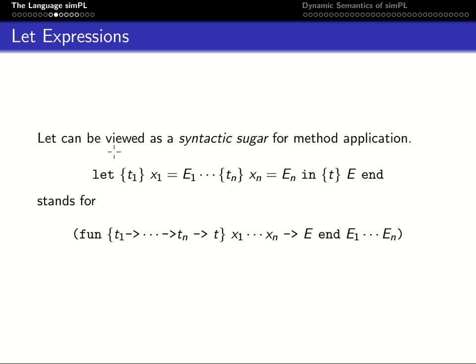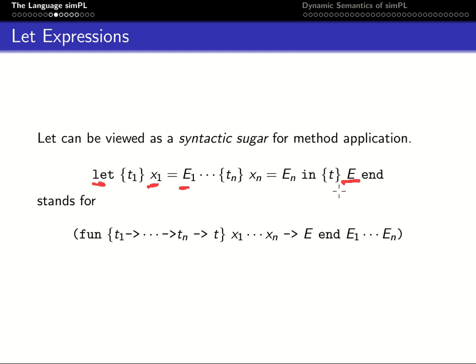So this let construct says: let x1 have the value e1, and we're going to have several such values being defined, x1 up to xn, in some expression. This allows coders to make the code a lot more readable. Instead of using x1 or x and y, you use meaningful names for these variables, and that documents the code and gives it a more readable structure.